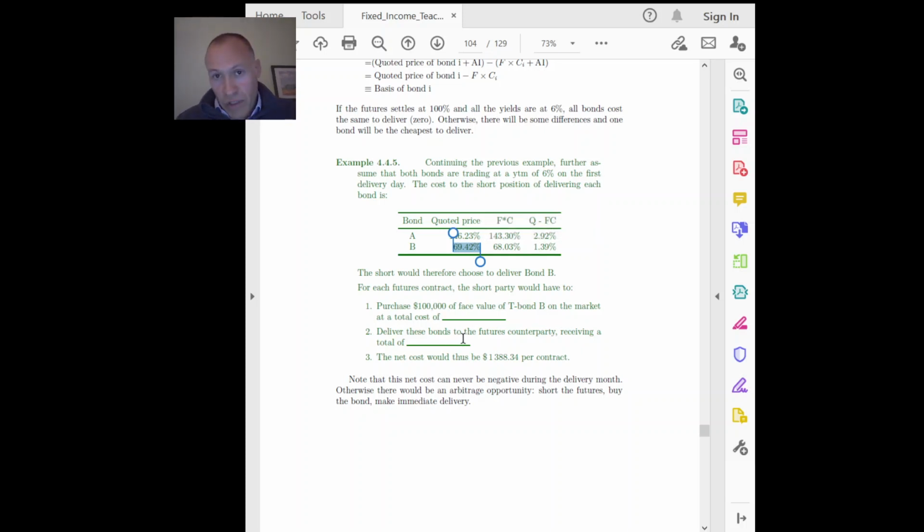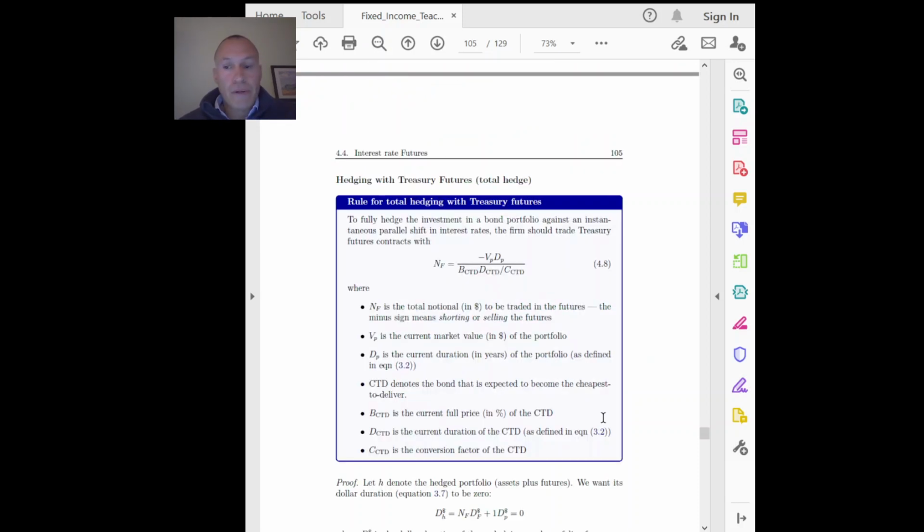He would take those bonds and deliver that to the futures, receiving this amount here that we just described, so 68% of those $100,000, okay, meaning that the net cost for the short position would be 1.39% of the $100,000, which would be this per futures contract, okay. And let me stop here.